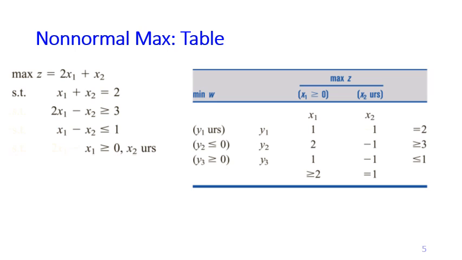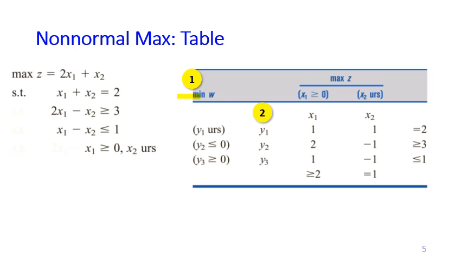Now let's fill the table with the information that we need to find the dual. First, because the given primal is a maximization case, our dual is a minimization case. So we write down minimize W. We have three constraints in the primal, so we have three variables in the dual. So we write the variables y1, y2, y3.